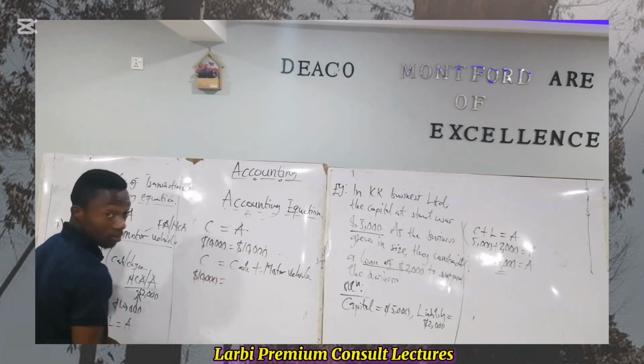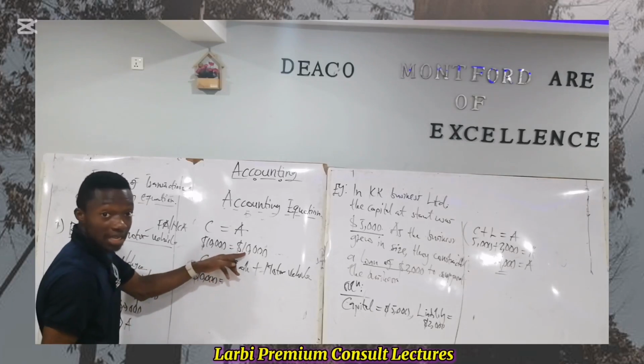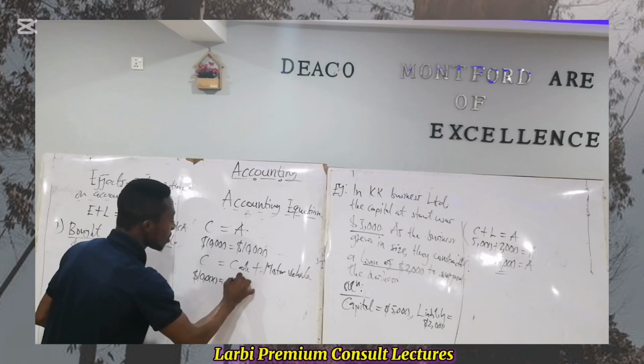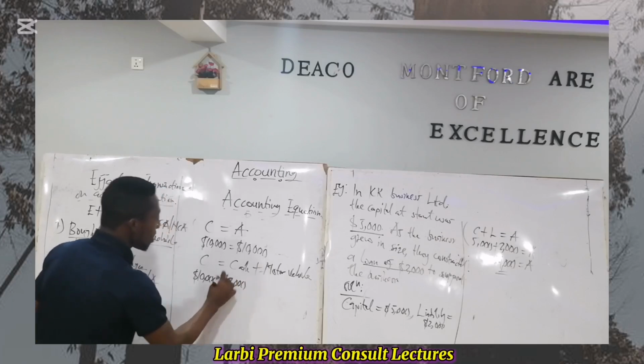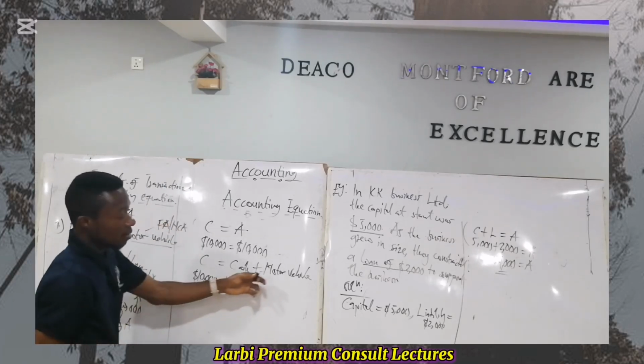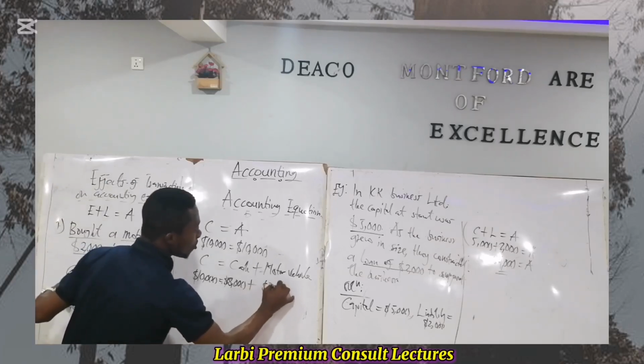Then our cash value, which is an asset, drops to 8,000, because we have spent 2,000 to buy a motor vehicle. Then we have plus the value of the motor vehicle, which is 2,000.